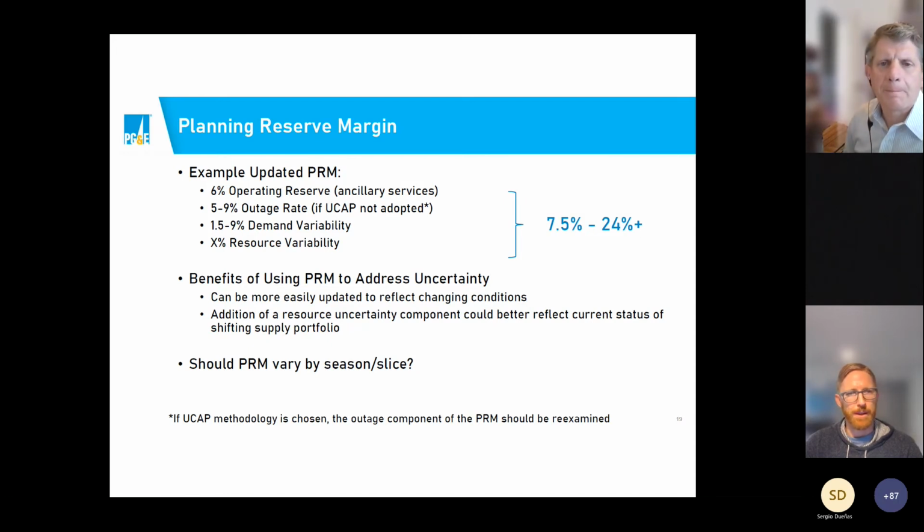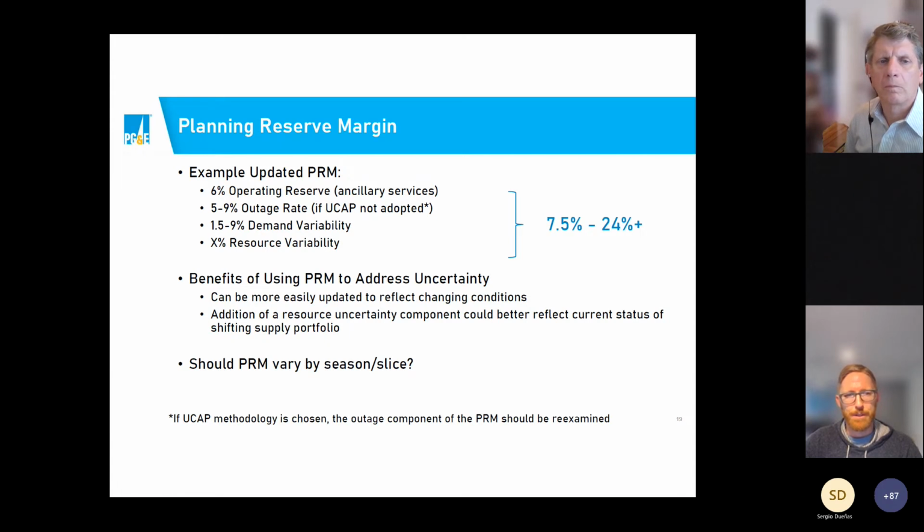I think I know what you're getting at, and others from PG&E feel free to jump in. I think our thinking was that some of these you would determine in advance. For instance, if you were adopting some kind of a UCAP, then you would want to adjust the outage rate. And there were comments earlier about studying the outage rate as well, given that it hasn't been studied in a while, and potentially updating that even if UCAP isn't adopted.